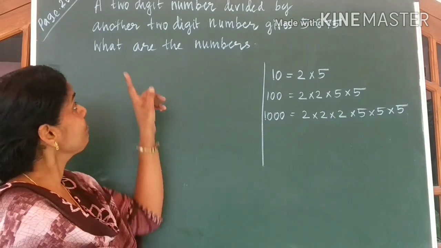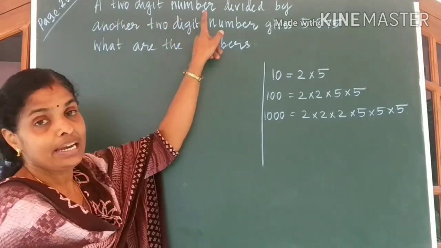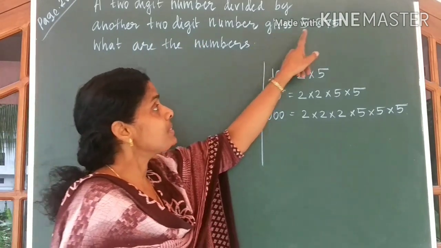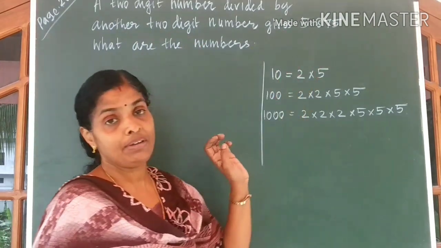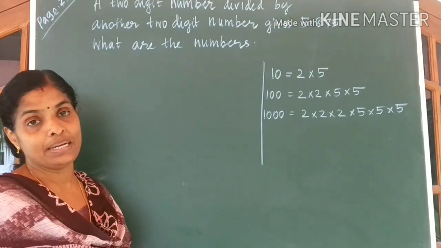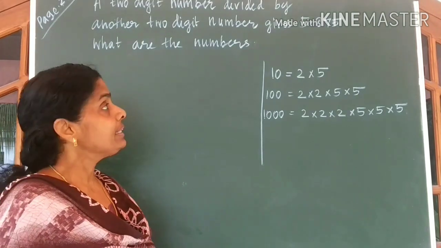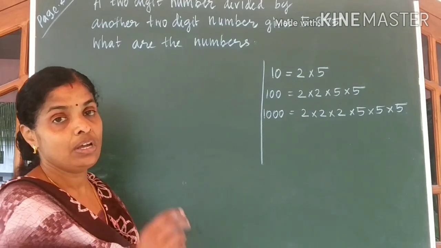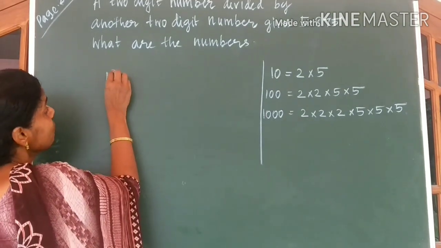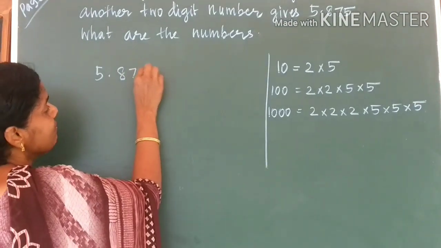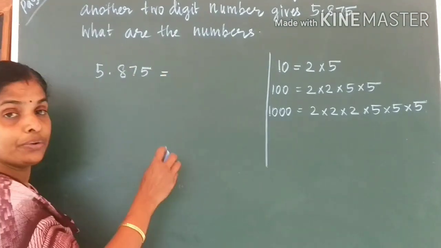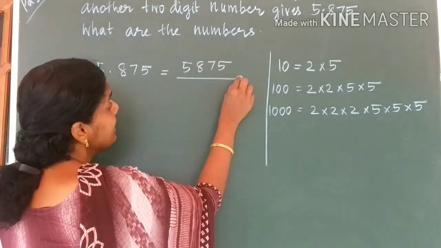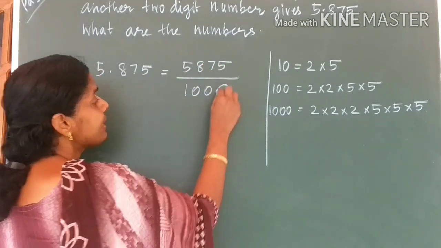Come to the question. A 2-digit number divided by another 2-digit number gives 5.875. What are the numbers? Now you know this decimal number can be written as a fraction. We can write 5.875 to be equal to 5,875 divided by 1000.